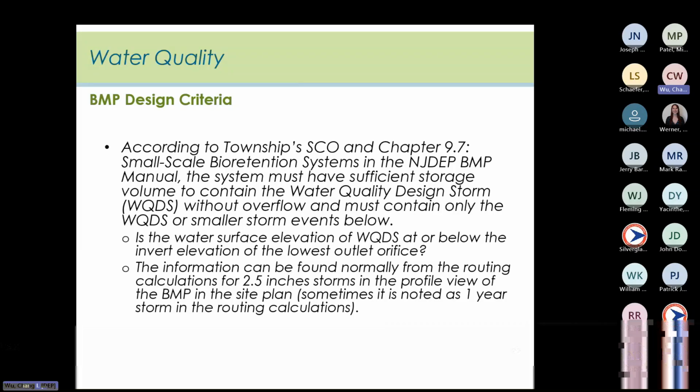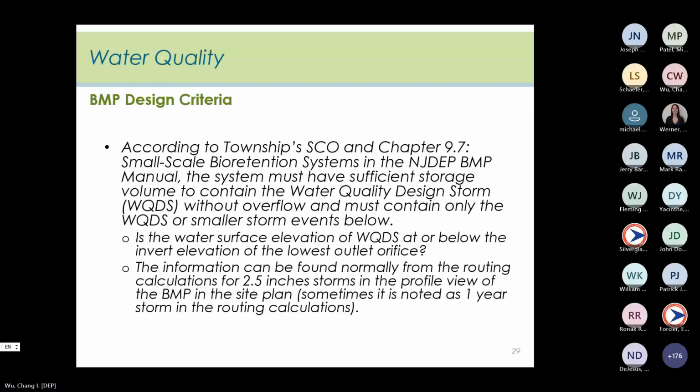And on the screen, that's from the SCO, and also from Chapter 9.7, it stated that for the small-scale bioretention system, the system must have sufficient storage volume to contain the water quality design storm without overflow, and must contain only the WQDS or smaller storm event.